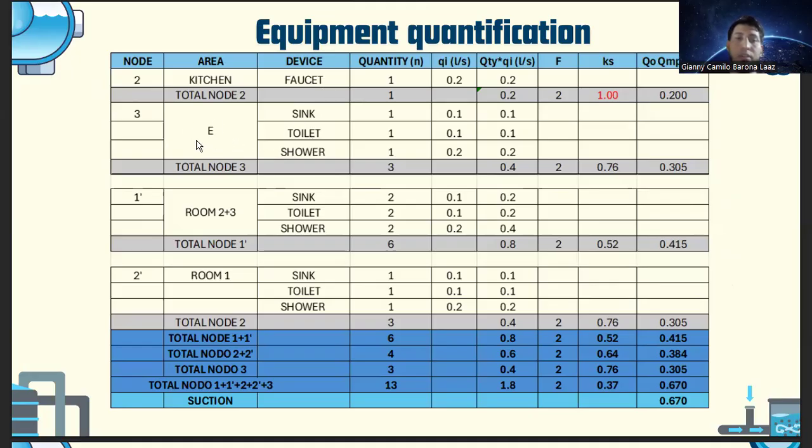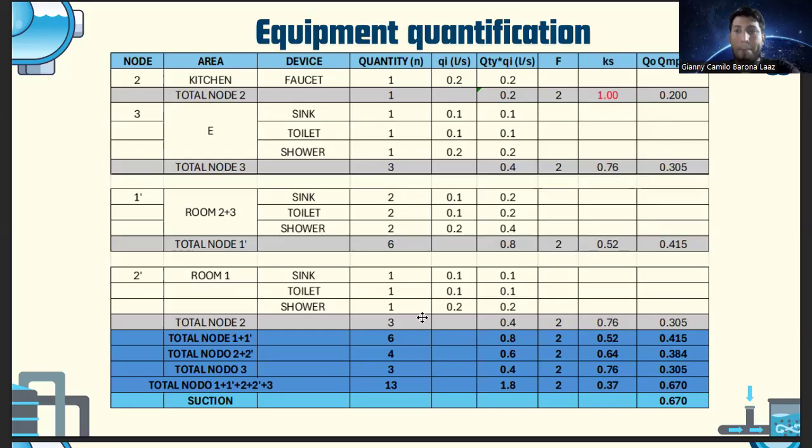In the other one, it was the sink, toilet, the shower, and we calculate the QI. And for those values, we got the factor 2. And after that, we calculate the QS, it was 1. And finally, we got the QO, it was 0.2.